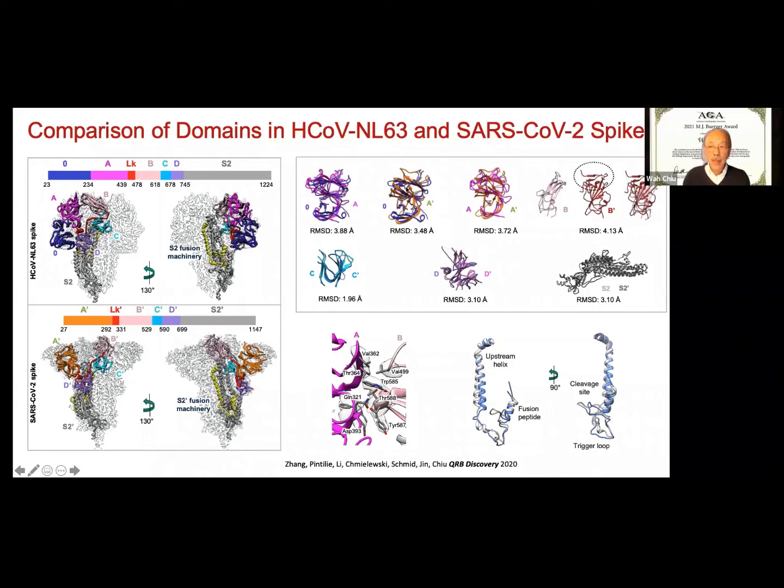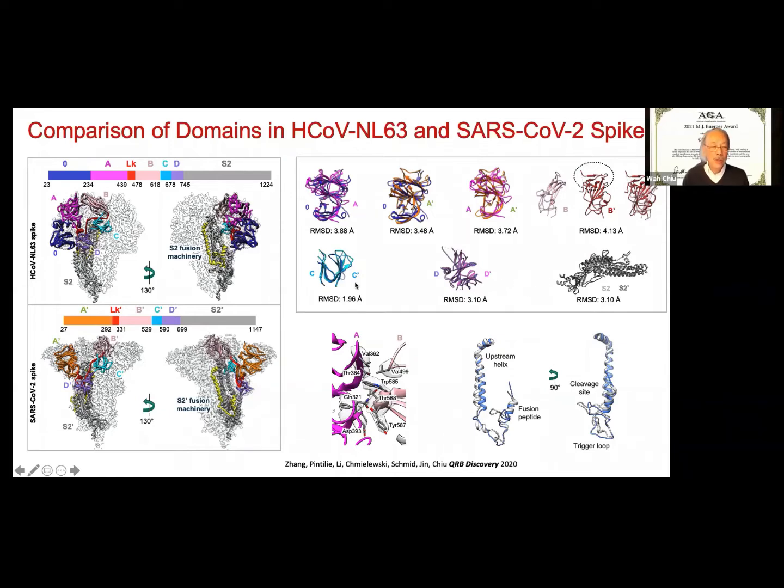That means in the COVID-2, the receptor binding domain is well exposed to the outside. That's why the receptor can bind very easily and trigger all the downstream consequences. Whereas in the alpha coronavirus, the receptor binding domain is hidden in the region of the interface between the A domain and the B domain.